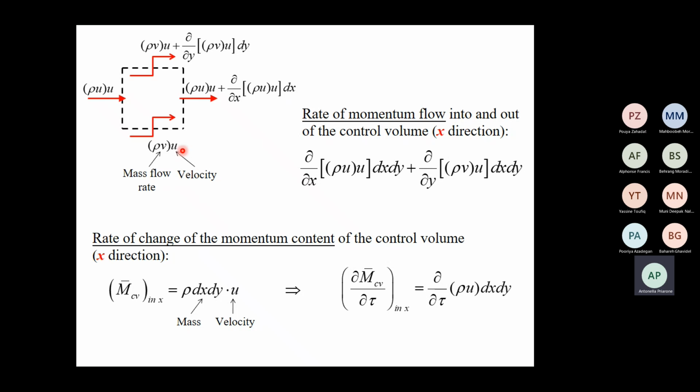For the other direction, it is absolutely the same. I have to take the inlet contribution plus its derivative in the y direction, dy. In this case, everything must be multiplied by dx, that is the area normal to the direction of the mass flow rate. In this writing here, I have already considered outlet minus inlet.